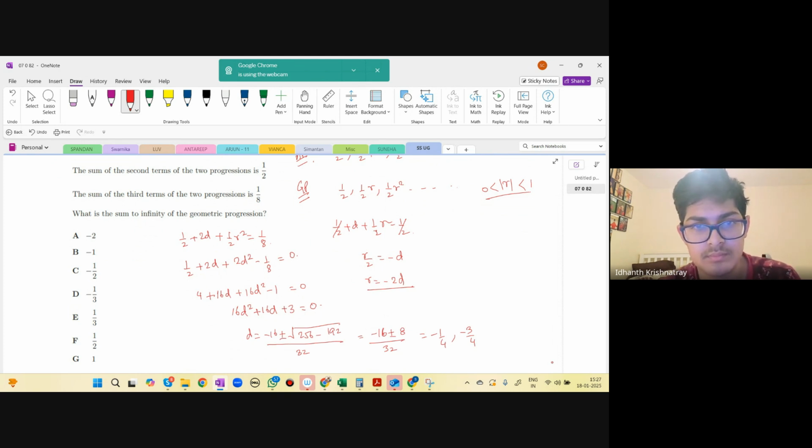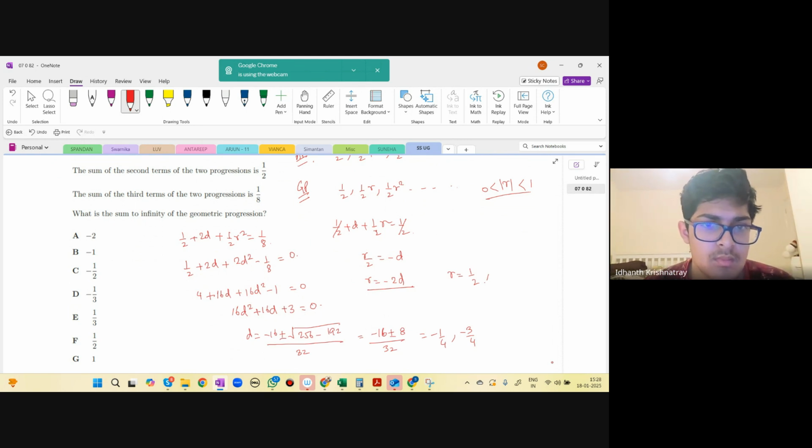Okay. So therefore, my R will be, if I take the first one, minus 1 by 4, then R becomes minus 2 by minus 4, which is 1 by 2. If I take the second one, this becomes plus 3 by 2.